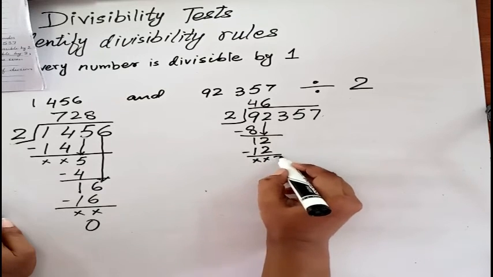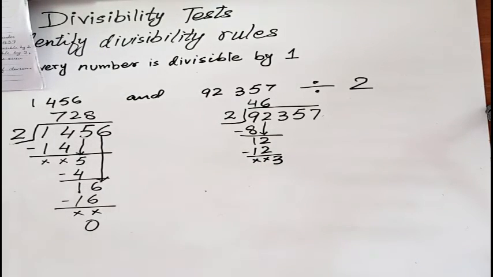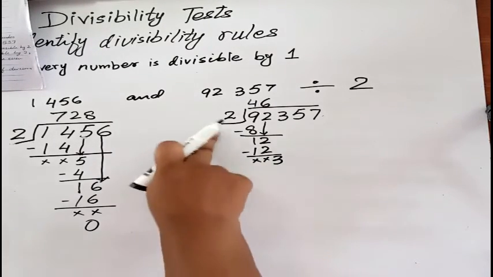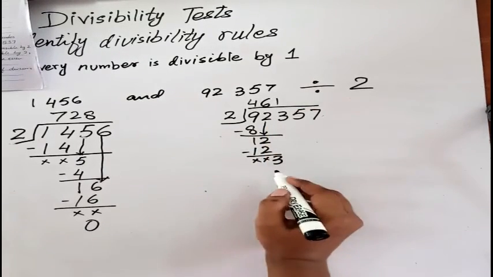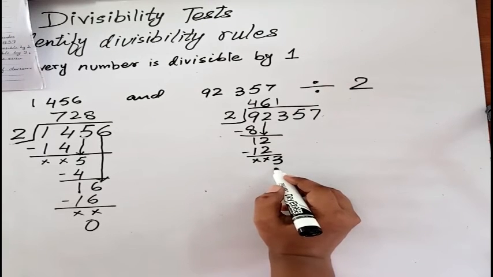We will bring 3 over here. 3 is greater than 2, so count the table of 2. 2 ones are 2.